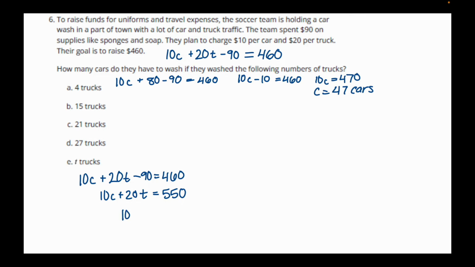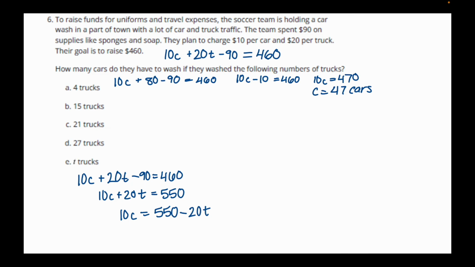So we would have 10C equals 550 minus 20T. And then we would divide both sides here by 10. So C would be equal to, and both of these do divide by 10 if we just remove the zeros attached to each of them, 55 minus 2T.